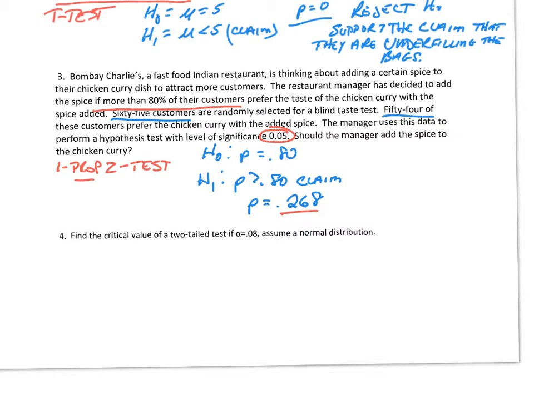So I can compare with my alpha, but if you have a high p-value, that's automatically going to be fail to reject. Anything over 10% is fail to reject the null. Now, if I fail to reject the null, again, my claim is the alternate, so I'm going to fail to support my claim.